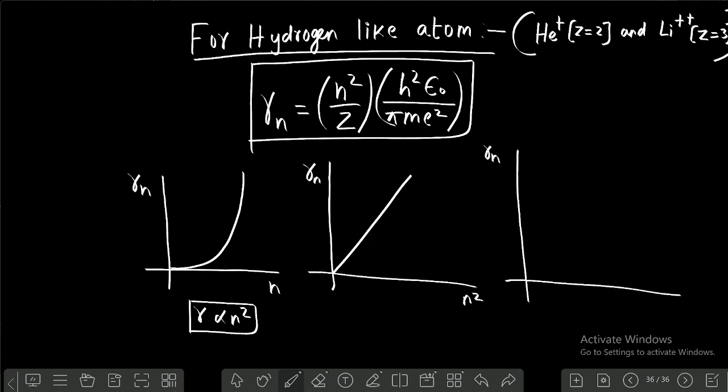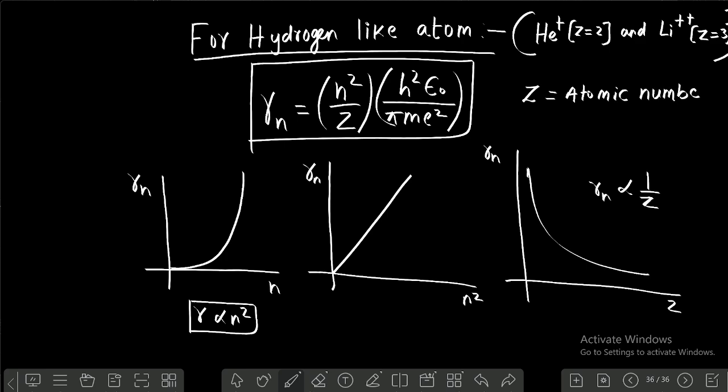If I do the radius and Z graph, I will get a graph like this because radius is inversely proportional to Z. Z is called the atomic number, and n is the principal quantum number, which basically represents the number of the orbit. First orbit n equal to 1, second orbit n equal to 2. Remember these graphs. Hydrogen, helium plus, lithium double plus.